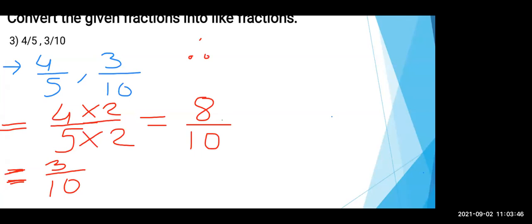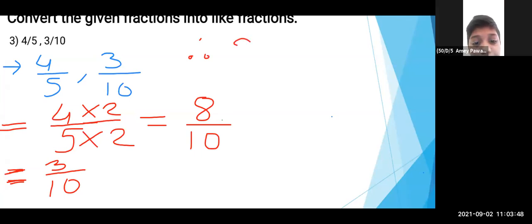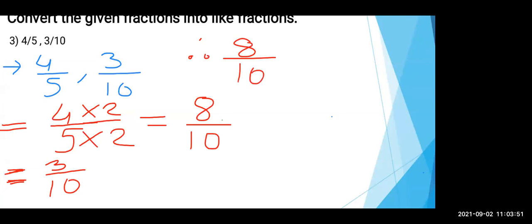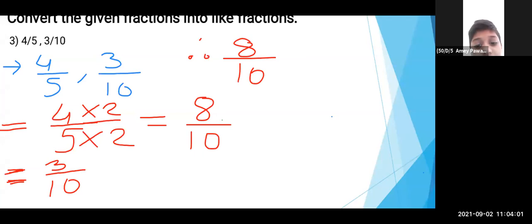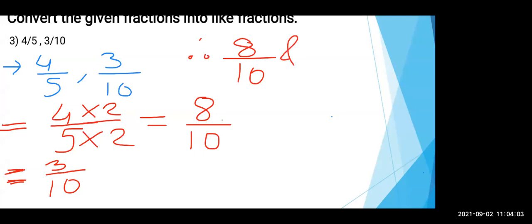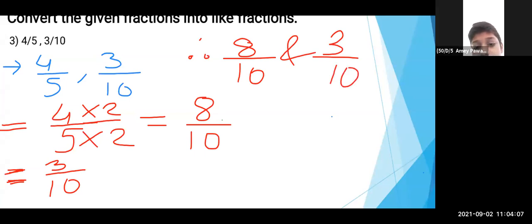Try. 8 upon 10 के साथ कौन सा नंबर मैच कर रहा है? 3 upon 10. 8 upon 10 and 3 upon 10 आगे are like fractions. Very good.